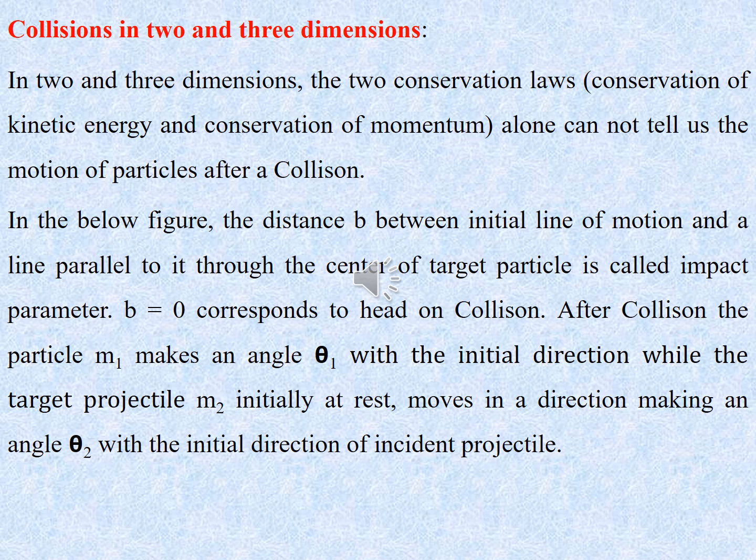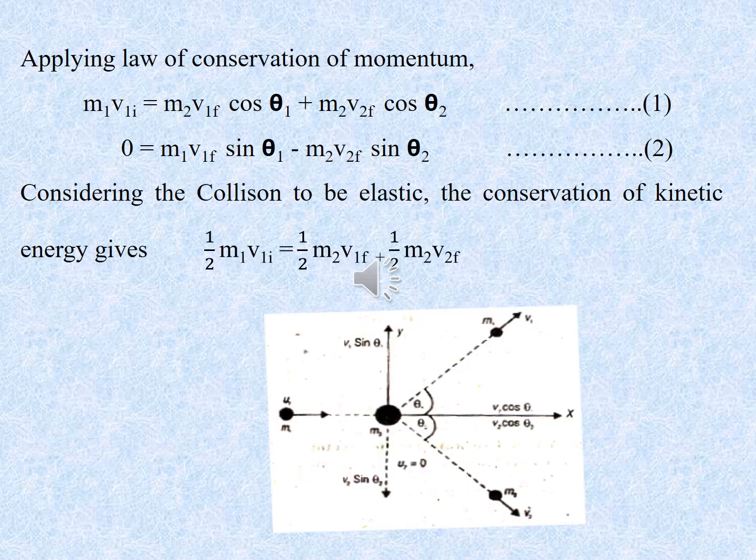After collision, the particle m1 makes an angle theta 1 with the initial direction, while the target particle m2, initially at rest, moves in a direction that makes an angle theta 2 with the initial direction of the incident projectile. Applying the law of conservation of momentum, m1 v1i is equal to m1 v1f cos theta 1 plus m2 v2f cos theta 2.